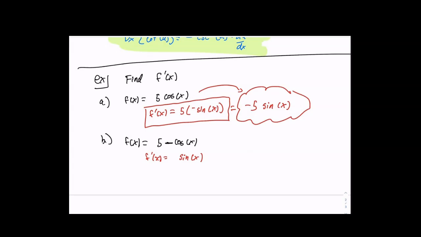We can just say it's sine of x. If you were taking it step by step, you would have done 0 minus parentheses negative sine of x. But 0 minus is a plus, so you just get plus positive sine of x. The derivative of 5 is 0. It's not a constant multiple, it's just a constant. Minus a minus gives me a plus sine of x.